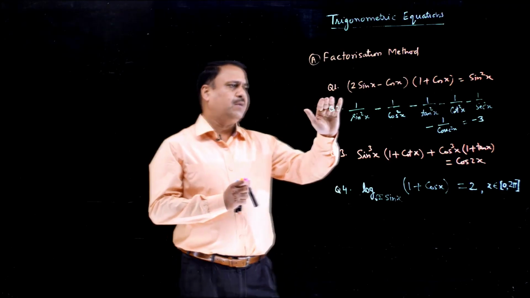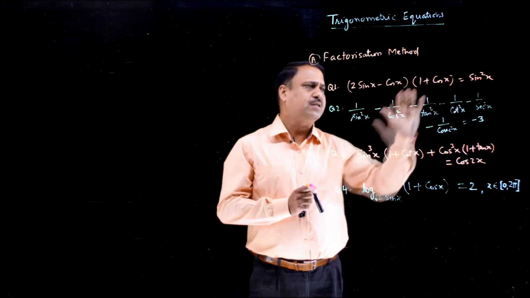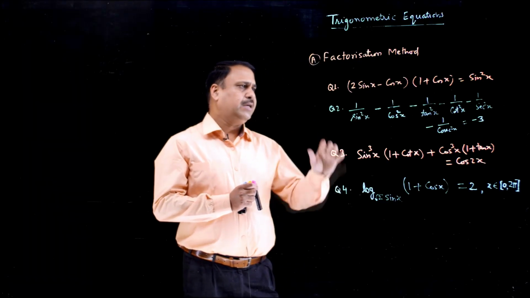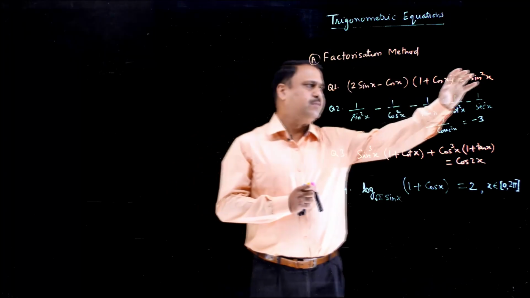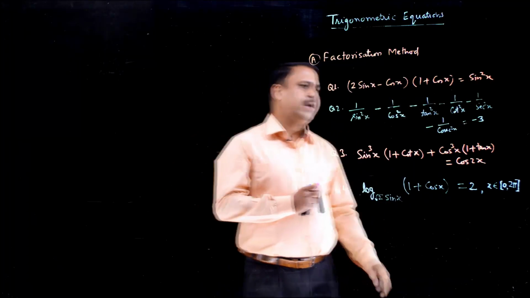For example, question number 1, 2 sin x minus cos x into 1 plus cos x is equal to sin square x. So immediately for solving this problem, the immediate idea comes that this sin square x must be written as 1 minus cos square x.